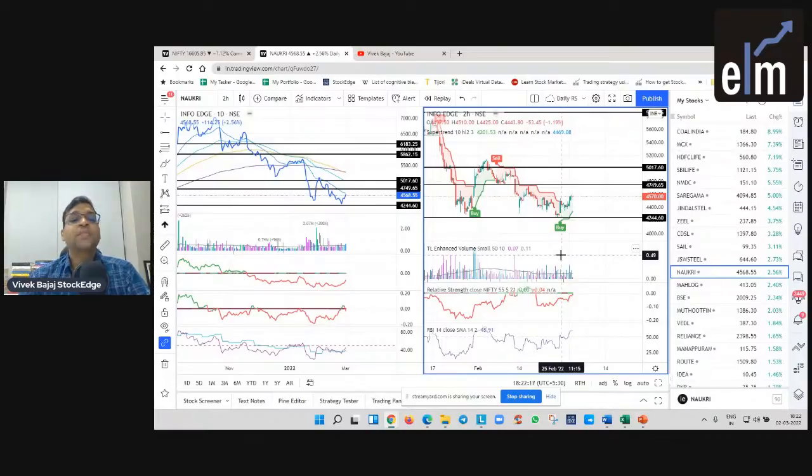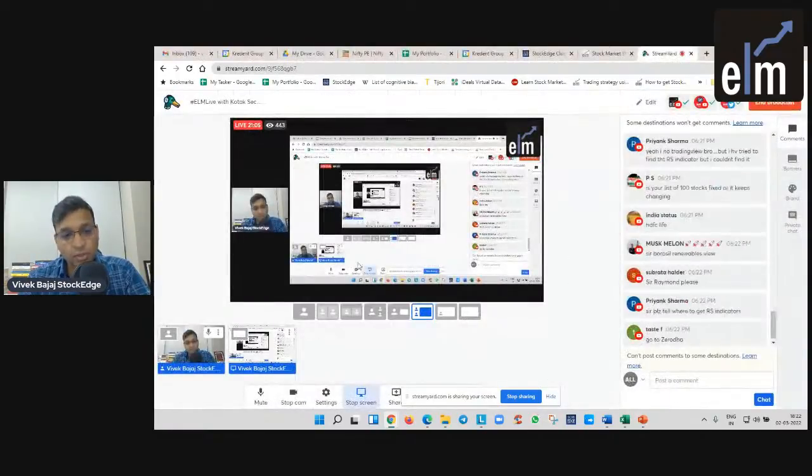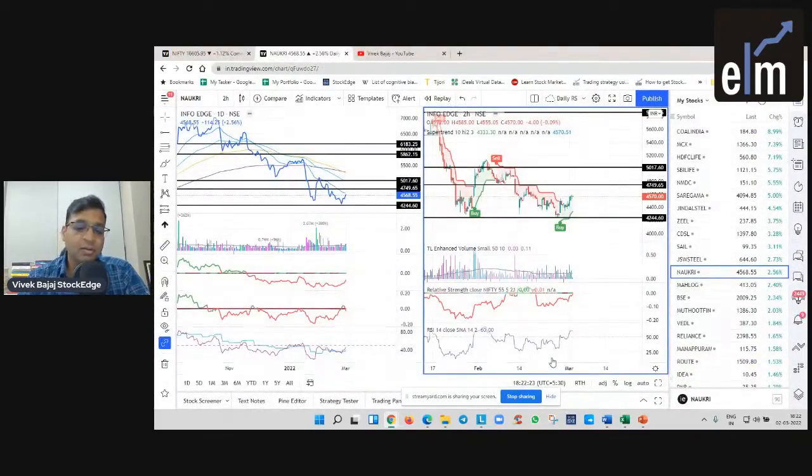Let's move on to the next topic: Sir, that was about momentum. Please tell me, how do I identify value stocks? For that, obviously, you need to do investing, and there are some people who are doing investing research for you. For example, Kotak has a research team, and they are coming out with investing ideas for all of you.